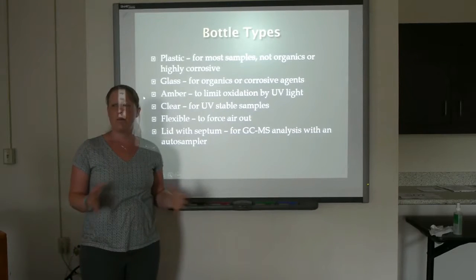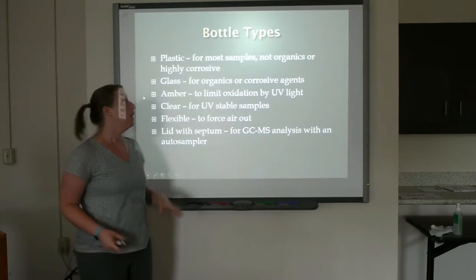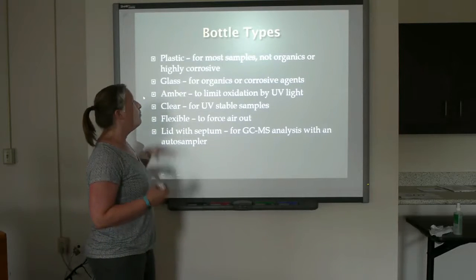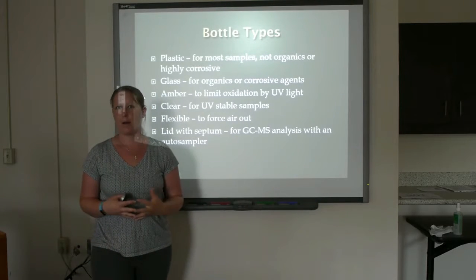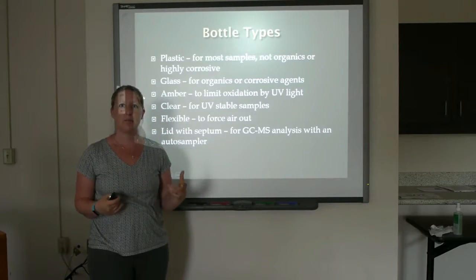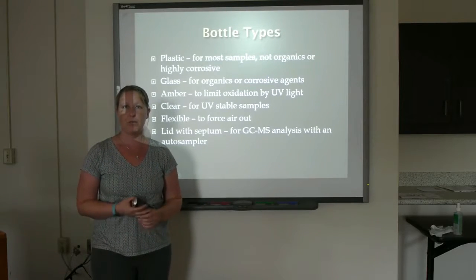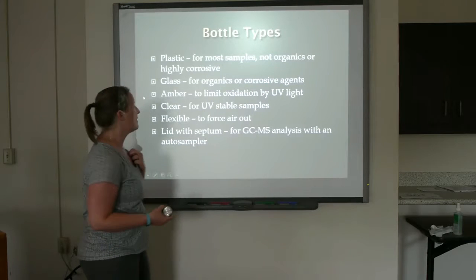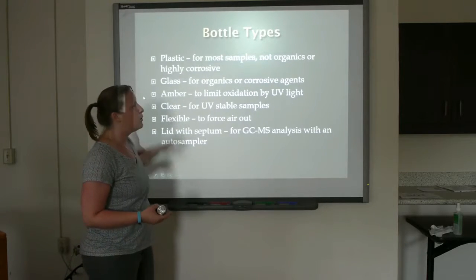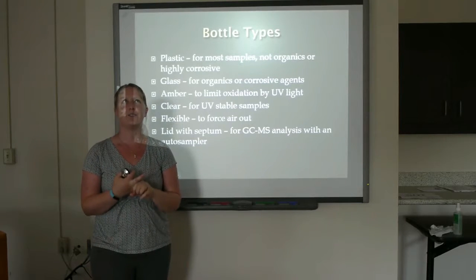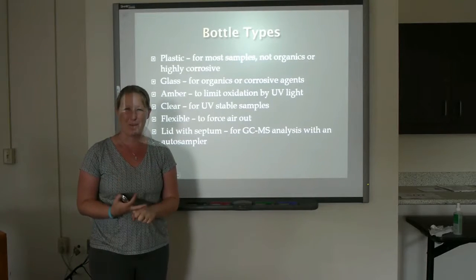Right, so depending on what parameters we're analyzing for, we'll also use different types of bottles. Most samples will use plastic bottles. These will either be flexible or rigid plastic bottles. We'll demonstrate multiple types in class. We'll use these for most samples, except for things that are highly corrosive or are organic compounds.